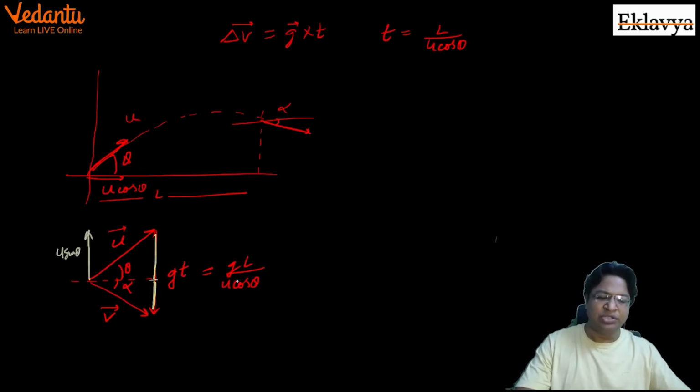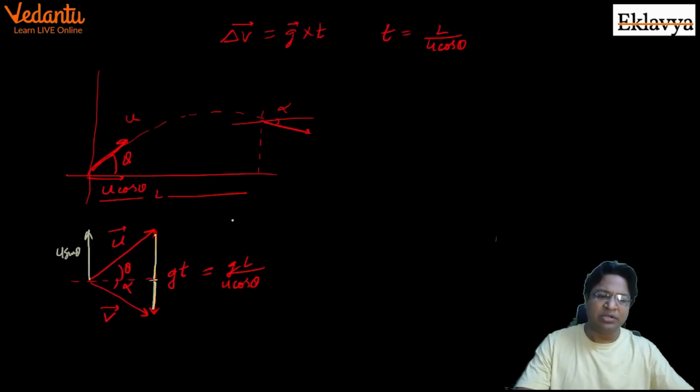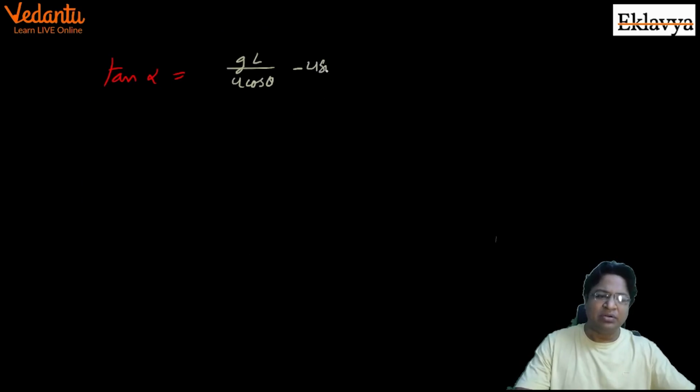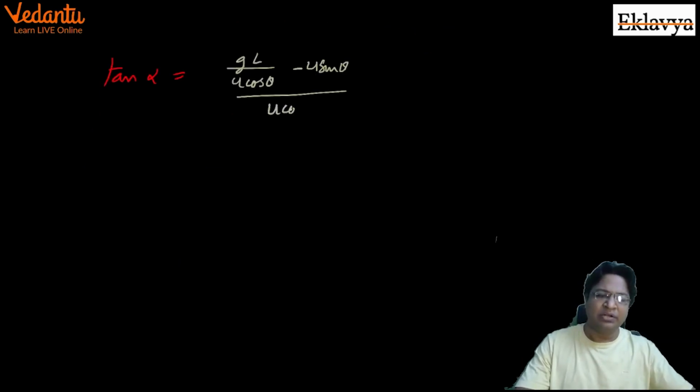So gt, that is gL by u cos theta, this entire length minus u sine theta, divided by this length, which would be u cos theta. Again, this is u, this is theta, so this becomes u cos theta.